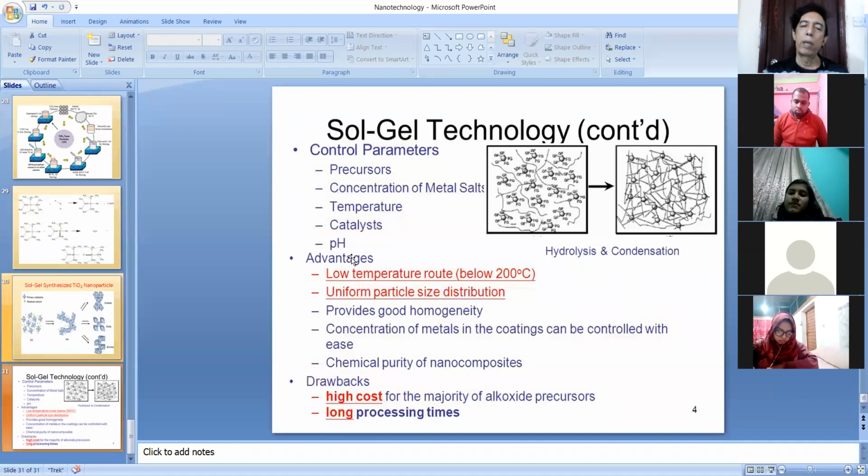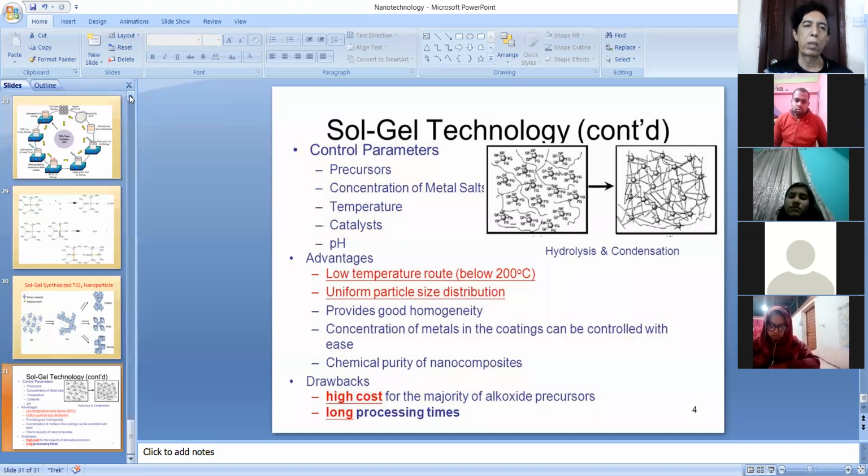These are the advantages and disadvantages of your sol-gel technique. And the control parameters of sol-gel techniques are the precursors, concentration of metal salt, temperature, catalyst, and pH. That is the control temperature which I have discussed. So this is the sol-gel process actually.